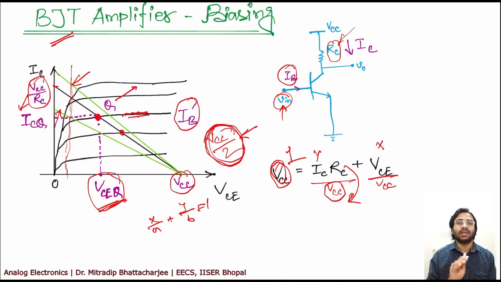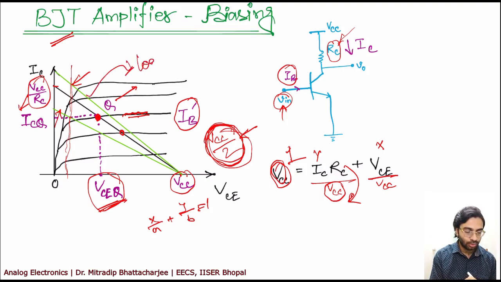Then also you will be in the safer zone if you can maintain this VCC by 2 rule. Okay, so this is all about how we bias a circuit, a BJT amplifier, and what is an operating point. And then we also have seen what is a load line.